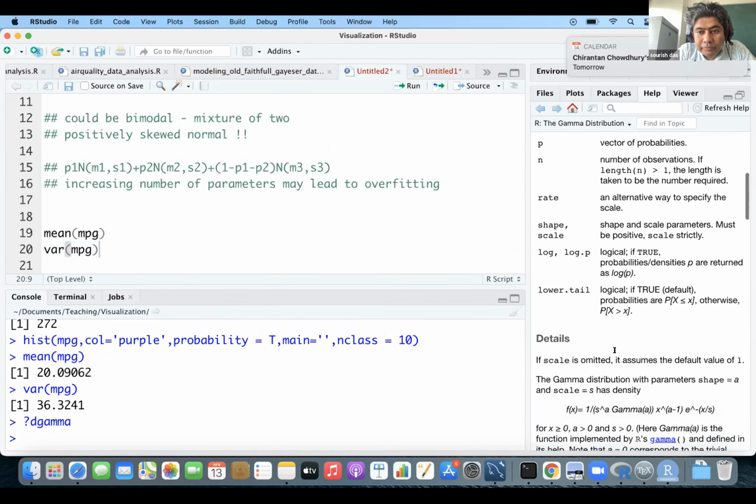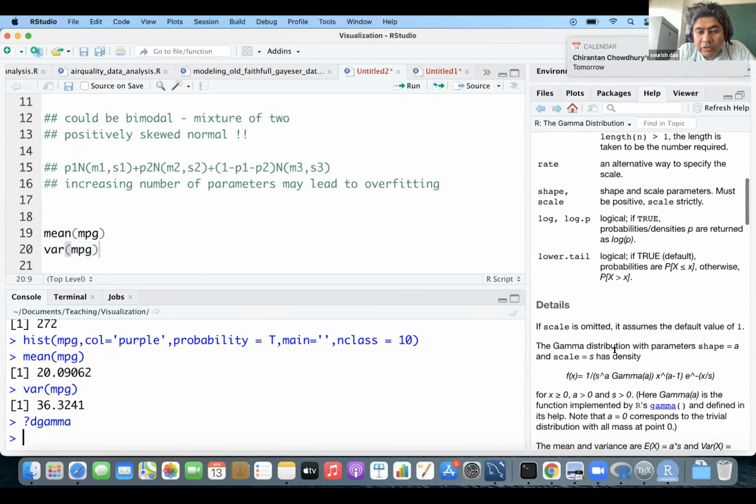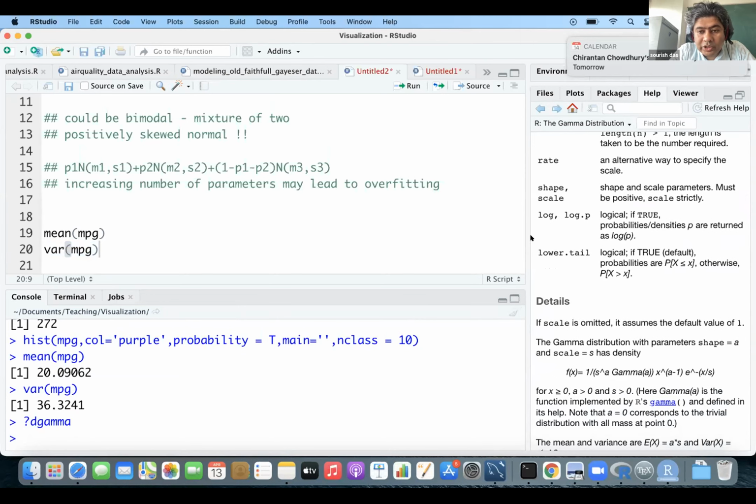I always keep forgetting about this shape and scale.